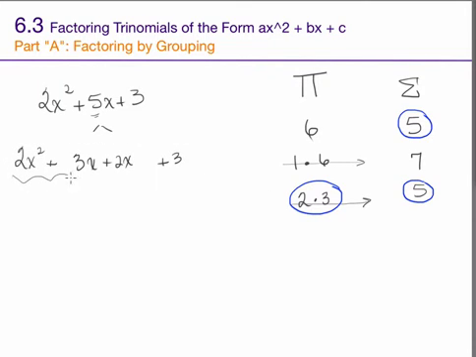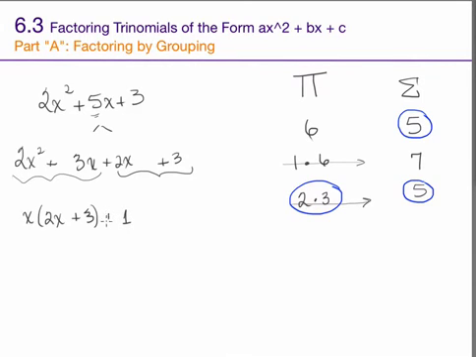What's common to the first two terms and what's common to the last two terms? What's common to the first two terms is x. X times 2x will give me 2x squared, and x times 3 will give me 3x. That's the first group. The second group is what's common to 2x and 3? Well, nothing. Except 1.